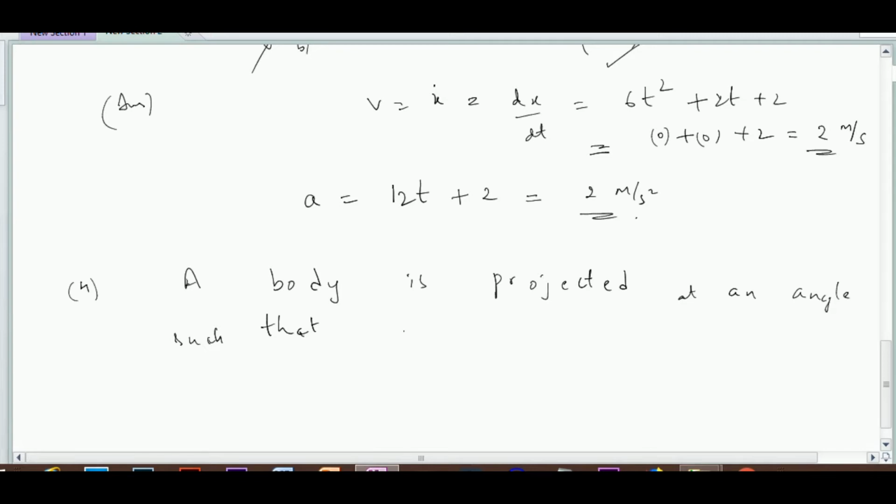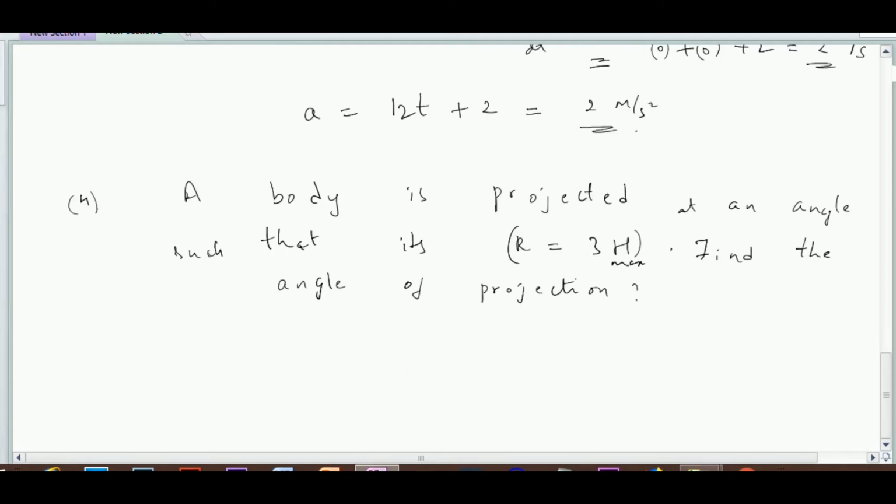That means a body is thrown with some angle, with some velocity, and it has traveled some distance vertically and horizontally, and in that motion the range obtained is equal to 3 times the maximum height. So what we need to find now? Find the angle of projection. To find the angle of projection, what we need to do?